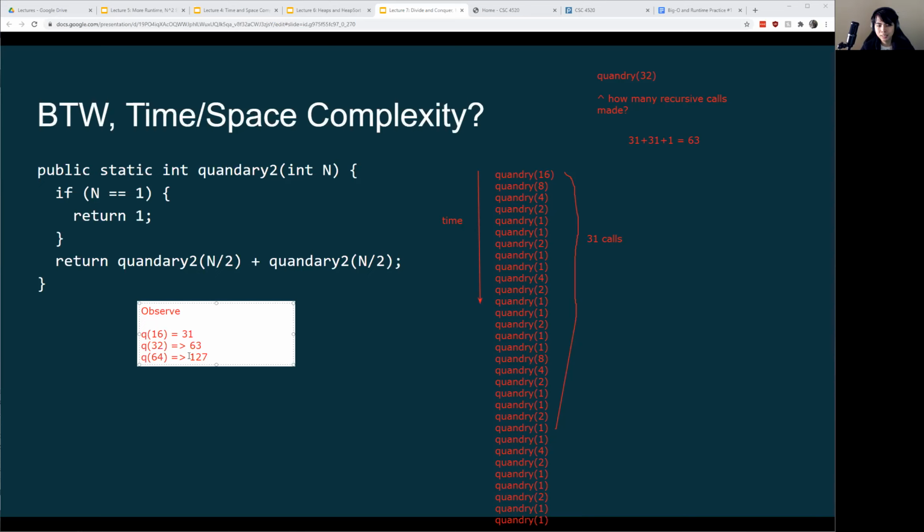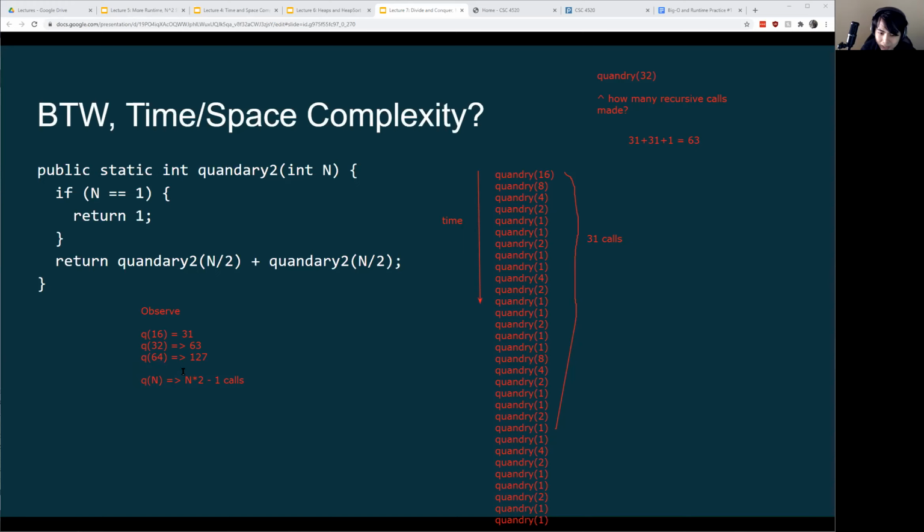It's not the input squared. It's just Q of n is going to give me n times 2 minus 1 calls. Oh, wait, no, someone literally typed that in chat. All right, cool. So everyone observed that it's roughly twice as much as the initial input.